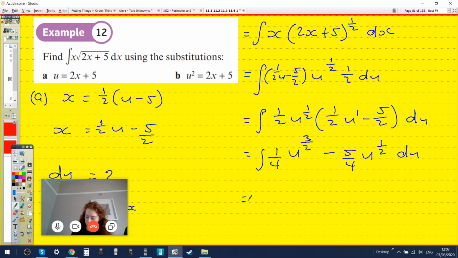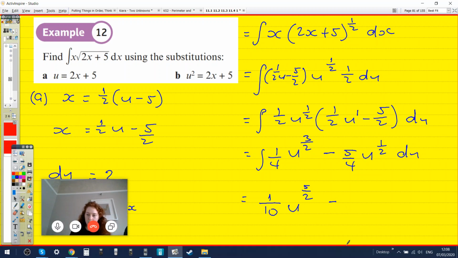Yep. So that becomes 5/2. And then is it a quarter divided by the 5/2? Yeah. That's 1/10. Okay, next one.